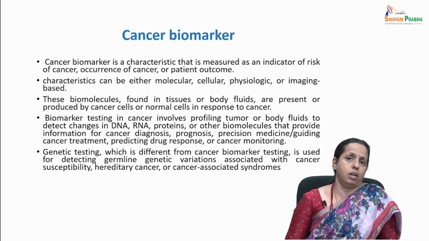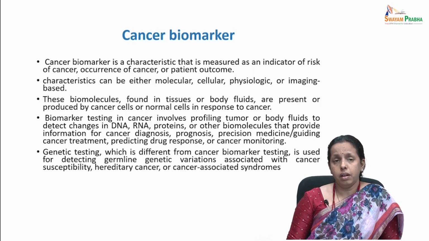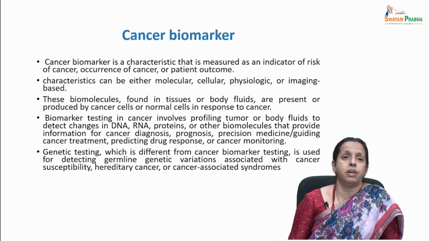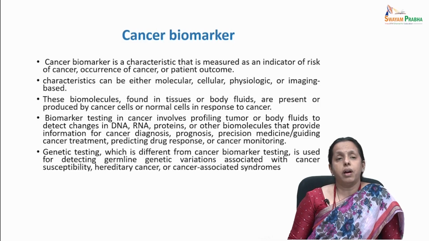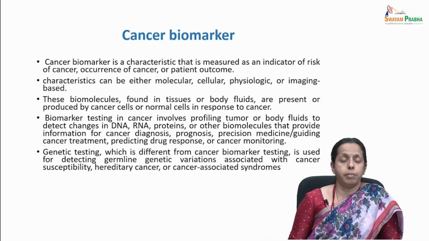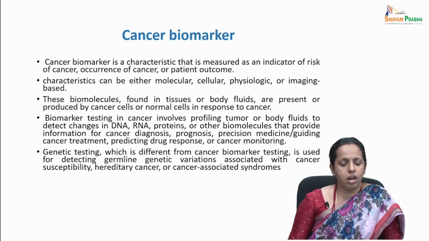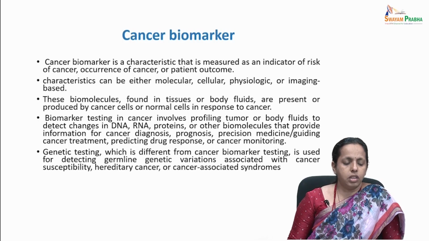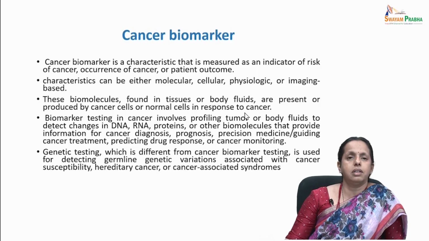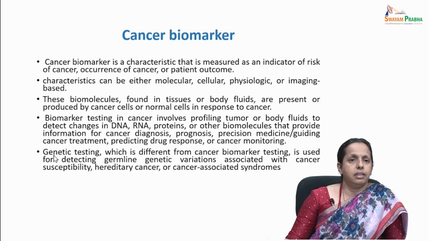We discussed HPV, high risk HPV DNA for screening of cervical cancer from your cervical scrapes. And this characteristic of a biomarker can be molecular, cellular, physiological, or image based. These biomolecules are found in tissues or body fluids, and they are produced by cancer cells or normal cells in response to cancer cells. Agreed.